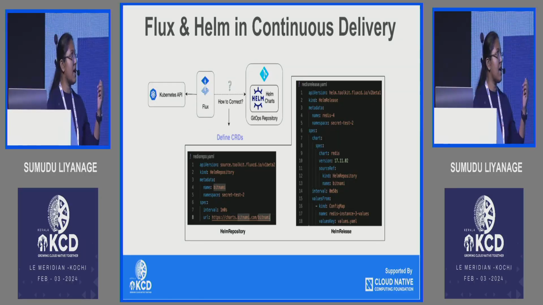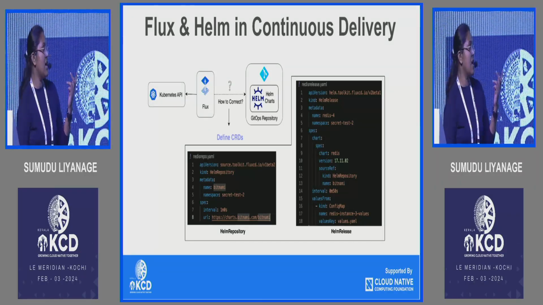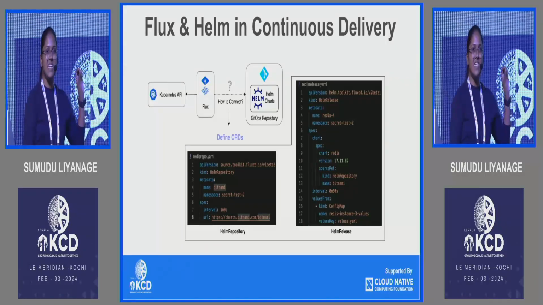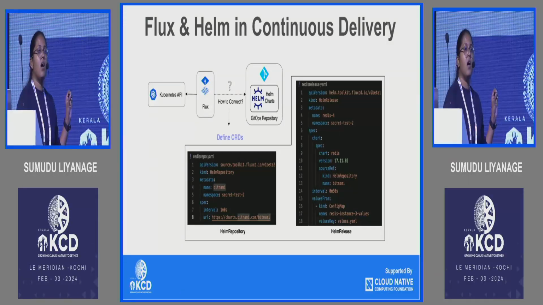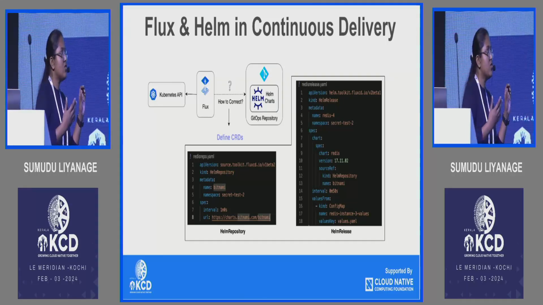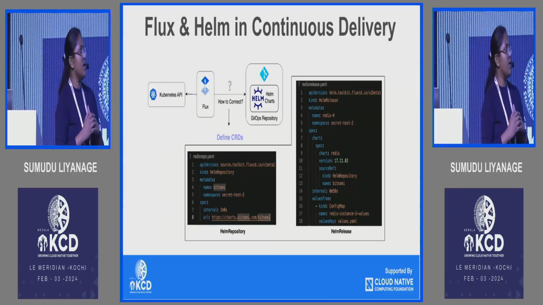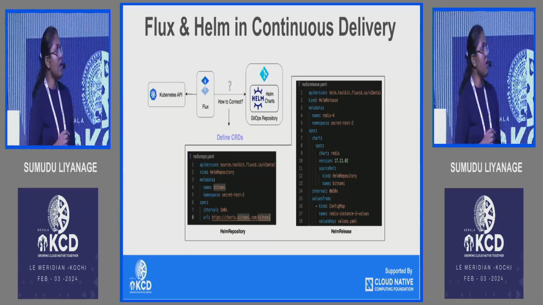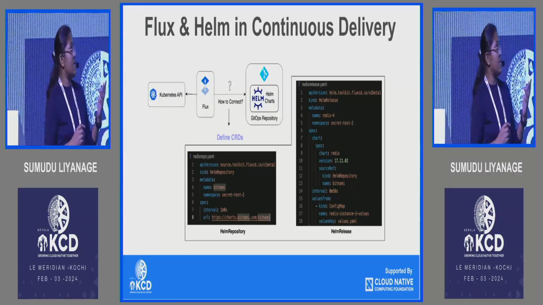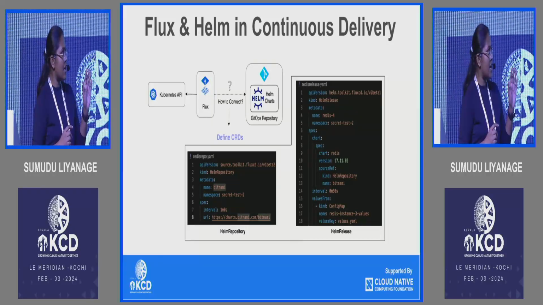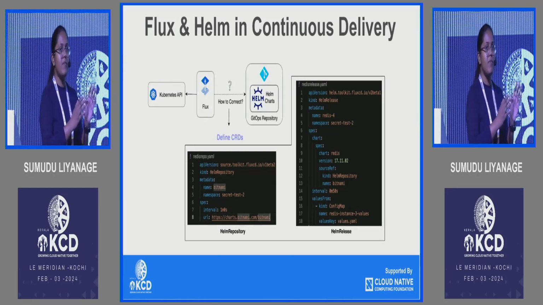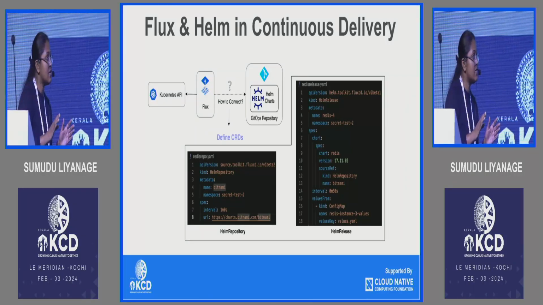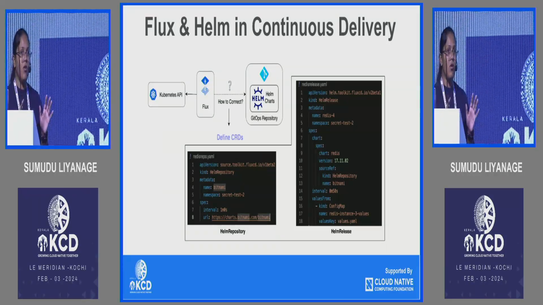One is the HelmRepository CRD, where we specify the URL of the remote repo and also the interval, that means the frequency at which it should check the GitOps repo. Then we can also define the HelmRelease CRD, where we embed the Helm chart details like name, which repo it is in, and again the interval and so on.